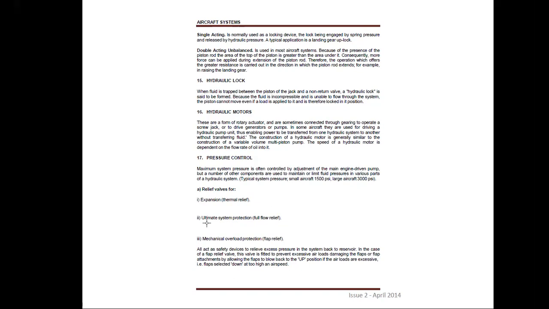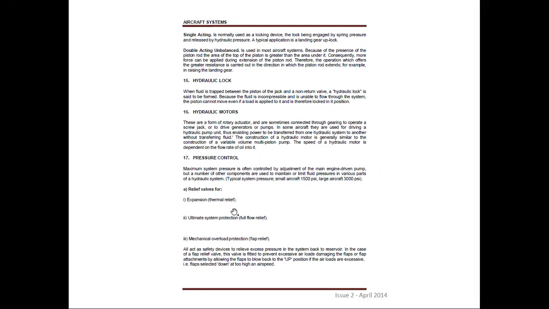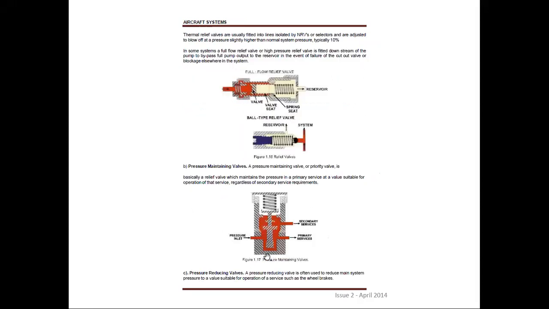And then, thermal and pressure maintenance. All act as safety devices to relieve excess pressure in the system back to the reservoir. In the case of a flap relief valve, this valve is fitted to prevent excessive air loads damaging the flaps or flap attachments by allowing the flaps to blow back to the position if the air loads are excessive, for example, flaps selected at too high an airspeed.